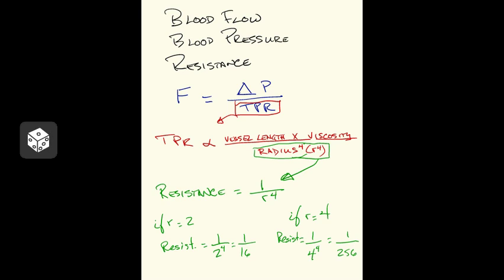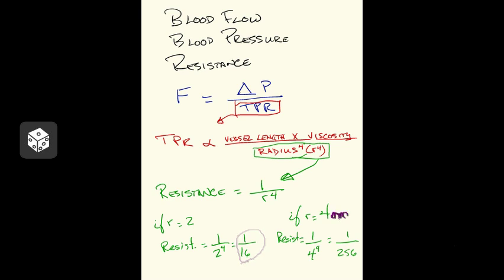I'm going to prove it to you. If the radius is 2 millimeters, I forgot to put the units, then resistance will equal 1 over 2 to the fourth power, or 2 times 2 times 2 times 2, which equals 16. And so the resistance is 1 over 16. Now, let's look at if we double that radius and make it 4 millimeters.